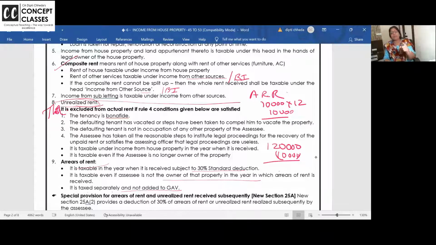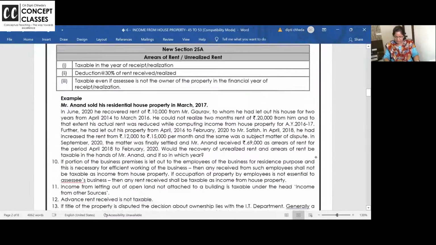If you are not paying rent of property in here, near the OU, why will I ask you to occupy my Kukatpally property? Vacate karo usko bhi. And the assessee has taken all the reasonable steps, legal proceedings, notices, and it is proved that legal proceedings are useless. This person is not going to pay the rent. Okay? Right.